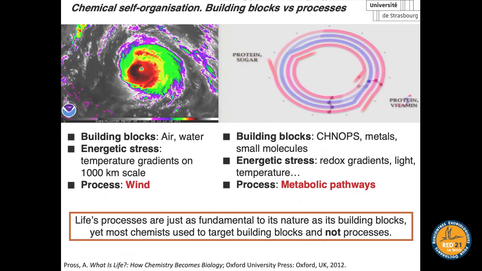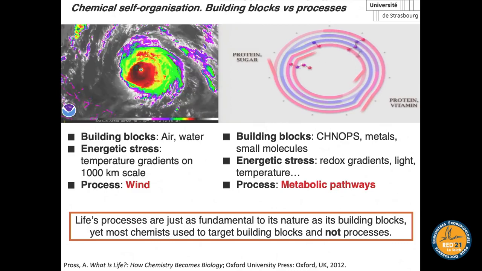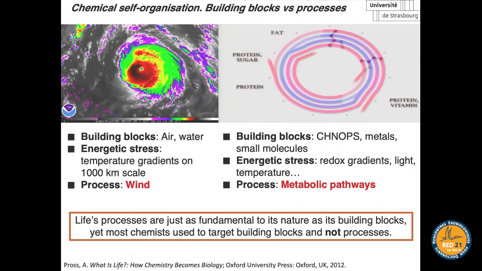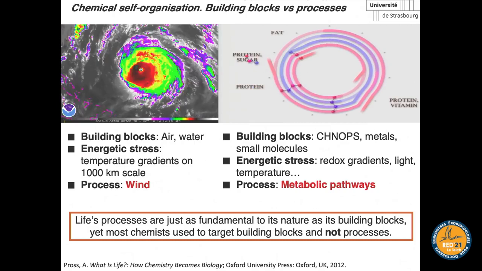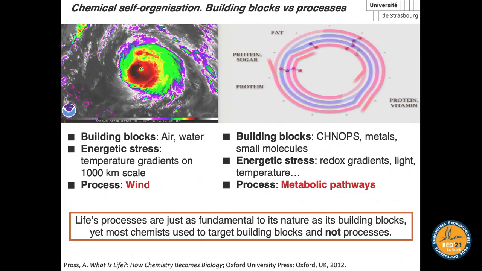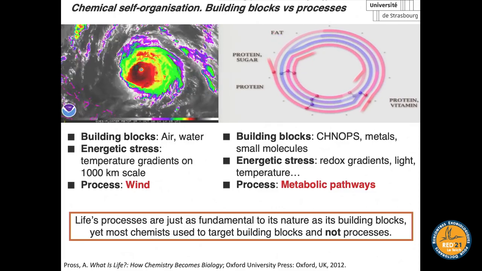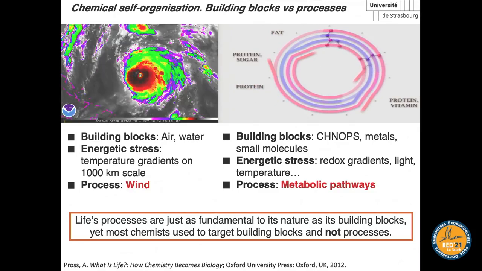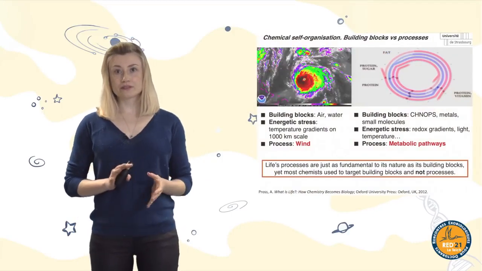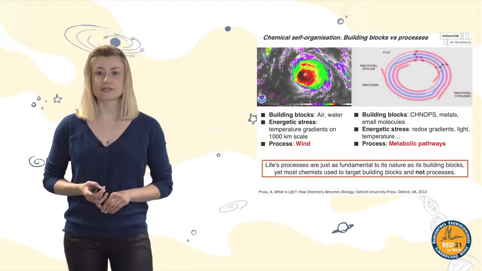So this is what we have established. But life is also a dissipative process, and I'm going to explain what it means. So it's not a collection of static molecules, but it is a collection of processes which all together assemble into a big dynamic process that life is. So dissipative structures are open systems which are out of thermodynamic equilibrium with their environment.